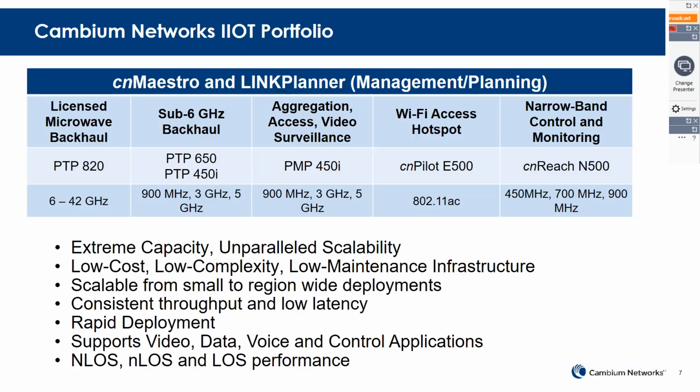And if you have to use non-line of sight, we have this cnReach product line, the N500, which was introduced recently. They operate from 450 megahertz to 900 megahertz. We are going to have some lower frequency radios down the road also.